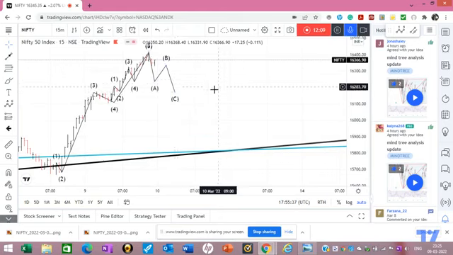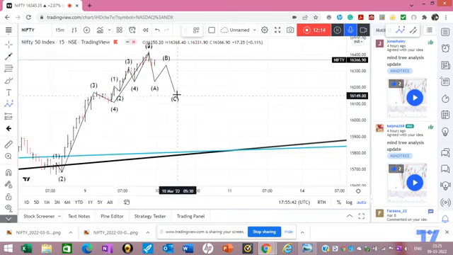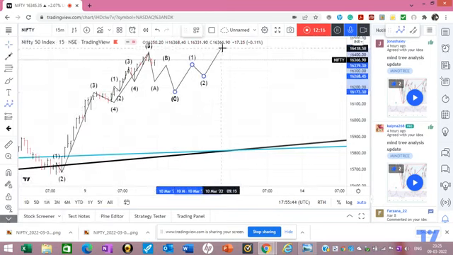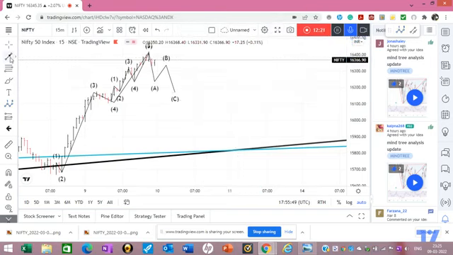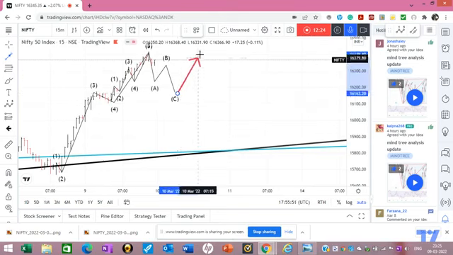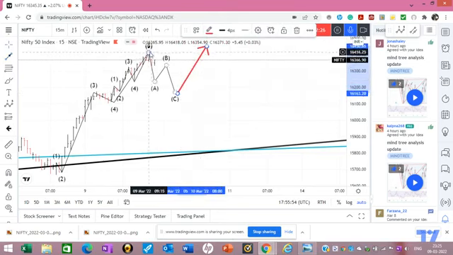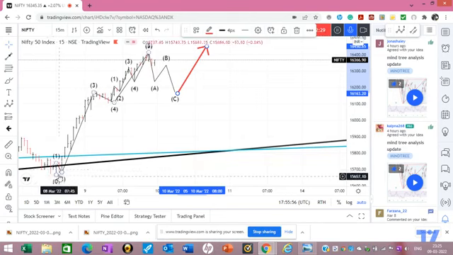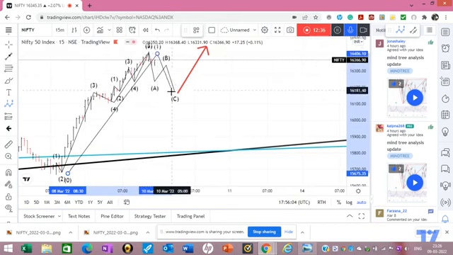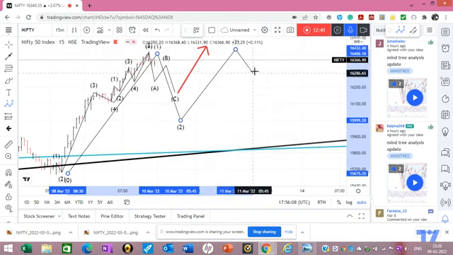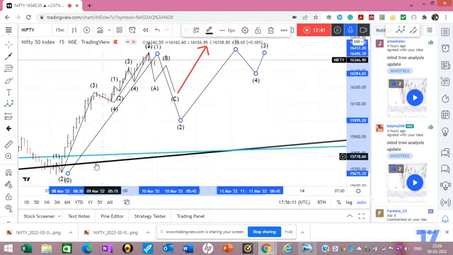And if the trend is up, then we will again have waves like this. 1, 2, 3, like this. Let's see what happens tomorrow. There should be a correction, because this whole wave will be wave 1. And we'll have wave 2, then we'll have wave 3, 4, and 5.